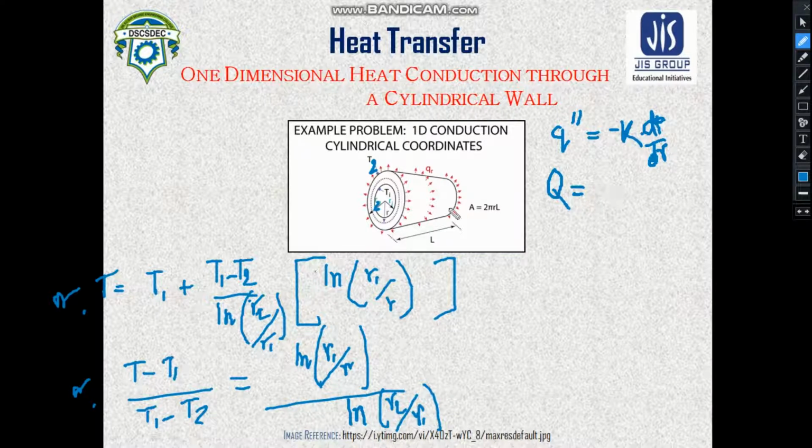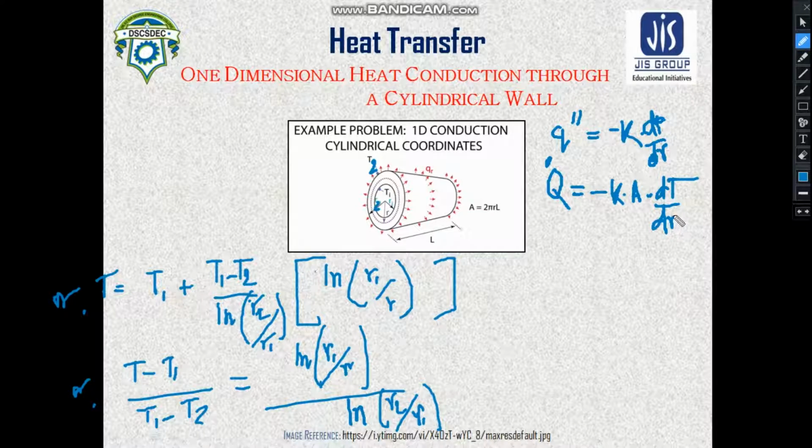Since we have assumed a constant area throughout, we can multiply this heat flux with the area, and thereafter we can find the heat transfer rate. Remember that this Q provides you the heat transfer rate, not the heat transfer. Heat transfer rate means heat transfer per unit time, so it's better that I provide a dot here. Q dot means dQ/dt, and the unit of Q dot will be watts.